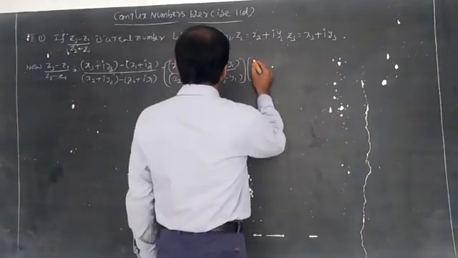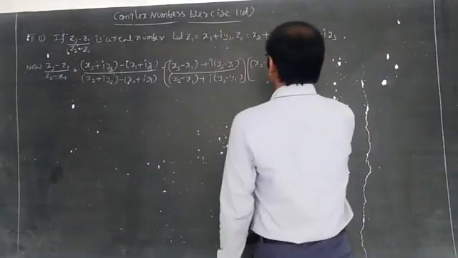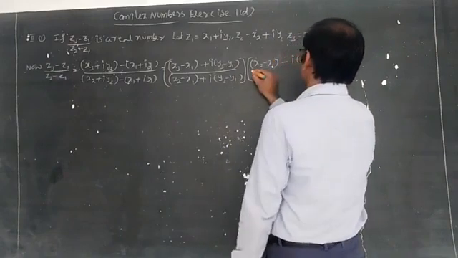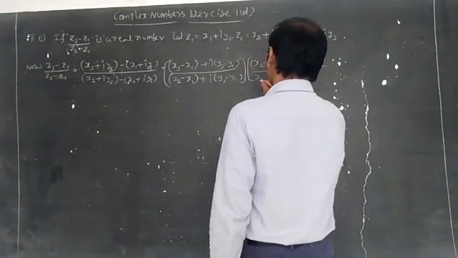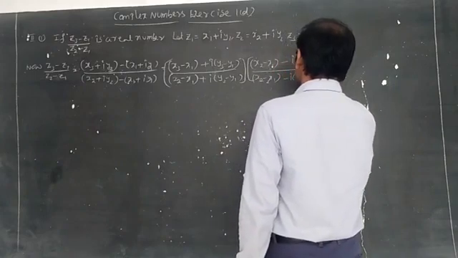Rationalize the denominator, that is (X2 minus X1) minus i into (Y2 minus Y1) by (X2 minus X1) minus i into (Y2 minus Y1).